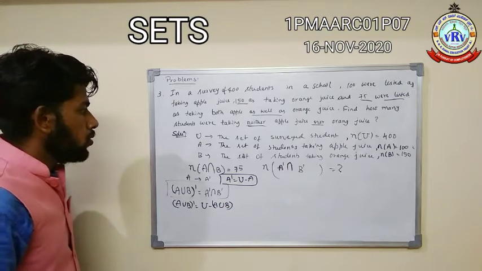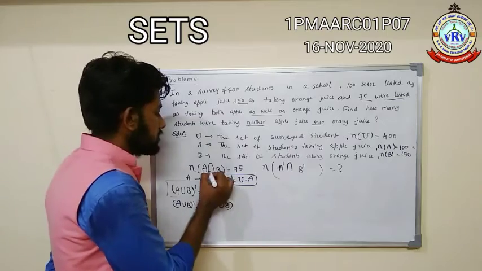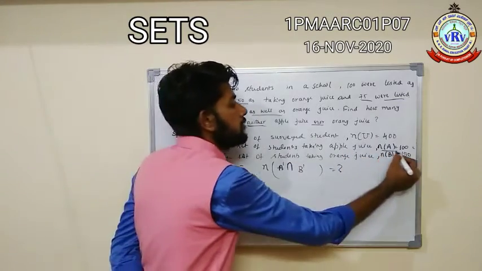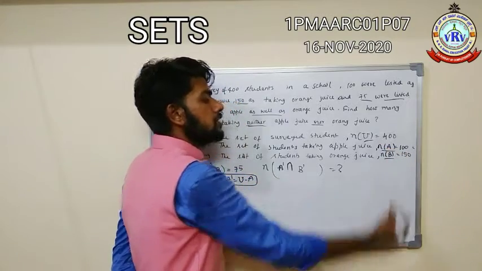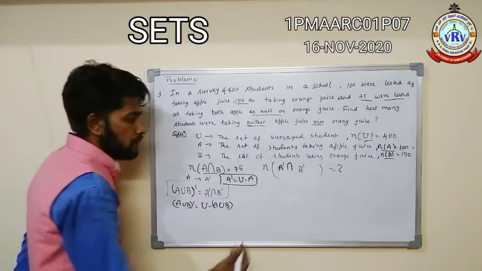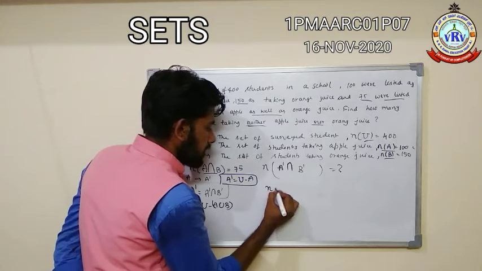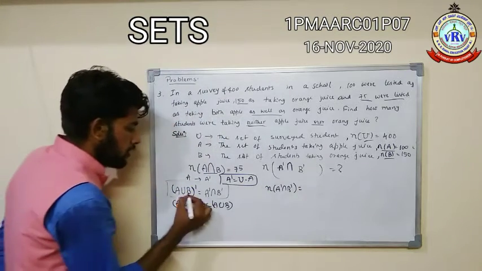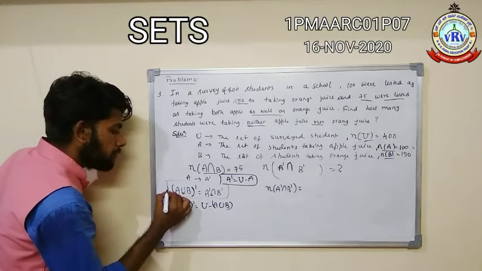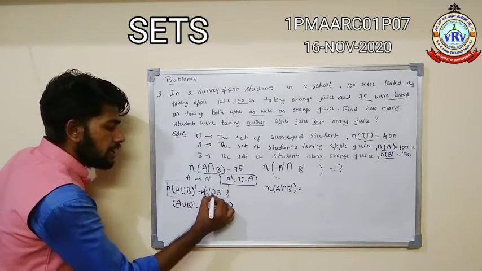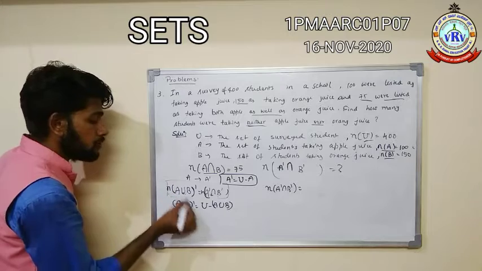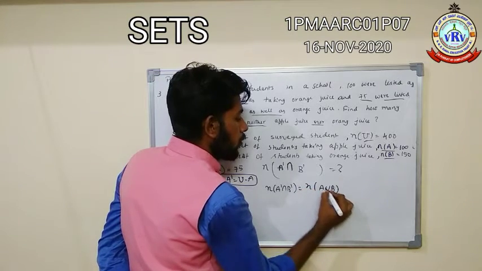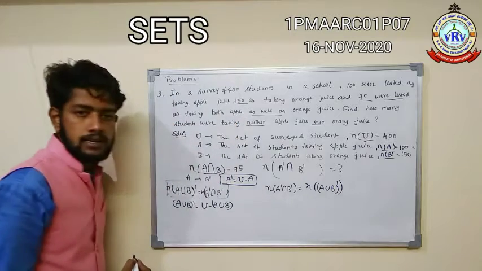Correct. So we have the number of elements in A intersection B, in A, in B, and in the set U. Now we will find n of A dash intersection B dash. If these two are the same, then the number of elements in A dash intersection B dash should be equal to the number of elements in A union B whole dash. Clear?